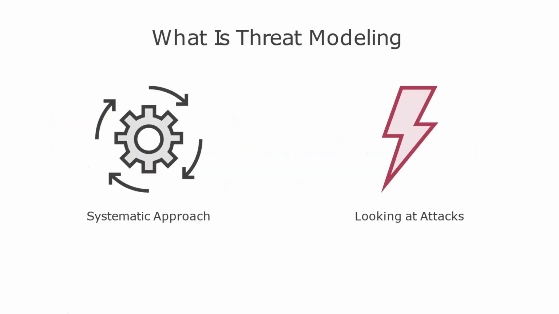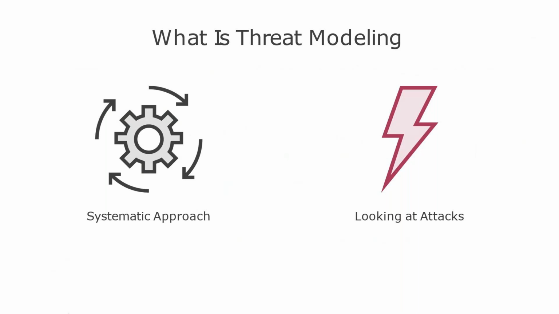That is all about threat modeling, and it includes a systematic approach. It's not like you start jumping here and there. There will be a list of activities which you first need to list out and model, and then see whether we can reduce the surface of attack, whether we can avoid the surface of attack, and things like that.